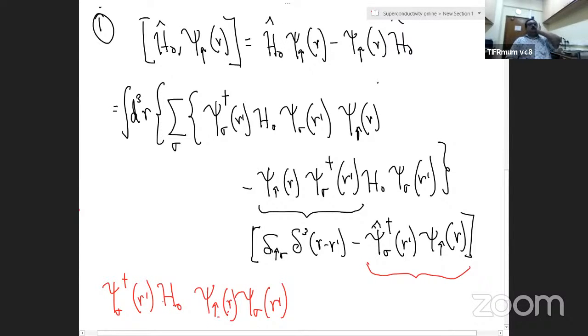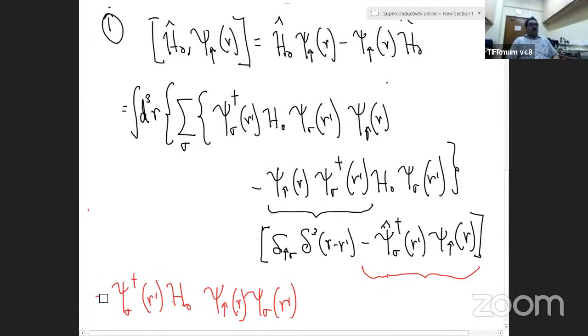All right. So there was a minus here. If I consider that minus sign with this minus sign, it will give me a plus sign actually, because there is a minus here and a minus here.